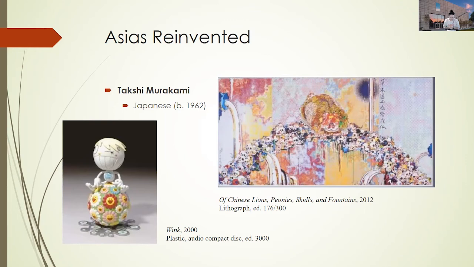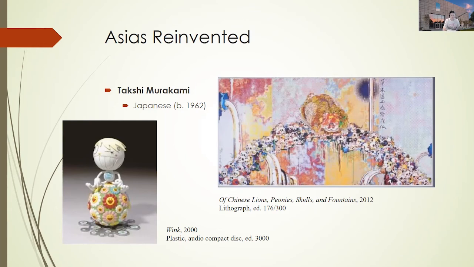But he has multiple winking eyes that kind of represent the third eye of the Buddha, and he also represents the laughing Buddha. So he's just this fun little character that Murakami has created and uses in several of his artworks. But one of the things they point out is that he has a PhD in Japanese style paintings.